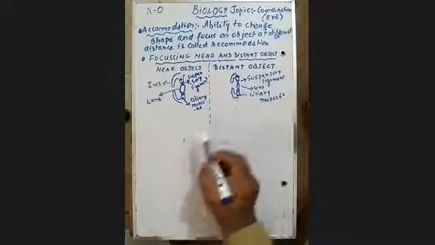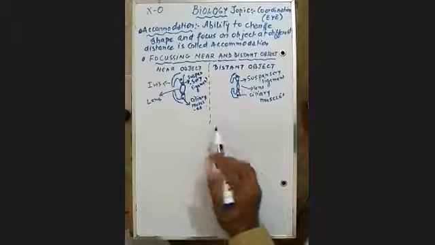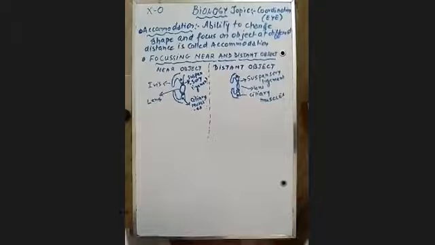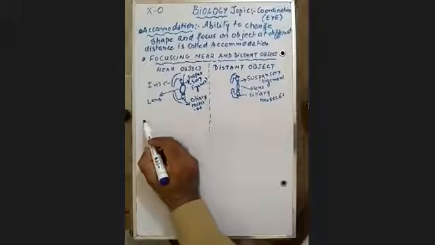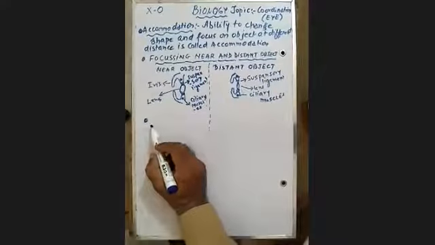These two, the suspensory ligament and ciliary muscles, play a very important role. It's very easy to understand, just remember one point. For focusing on the near object, the ciliary muscles contract.